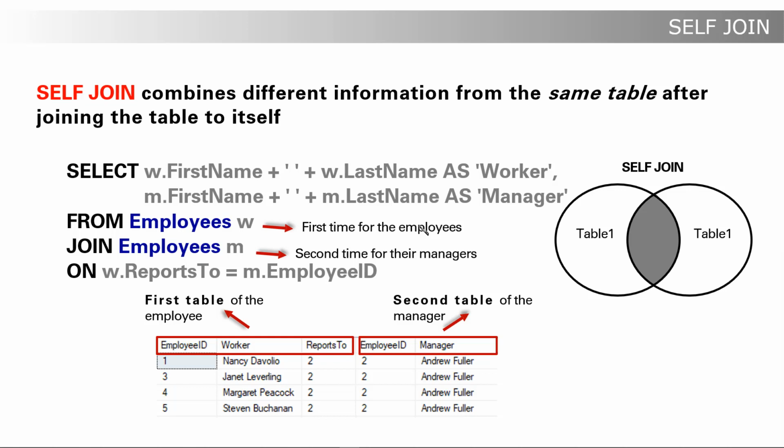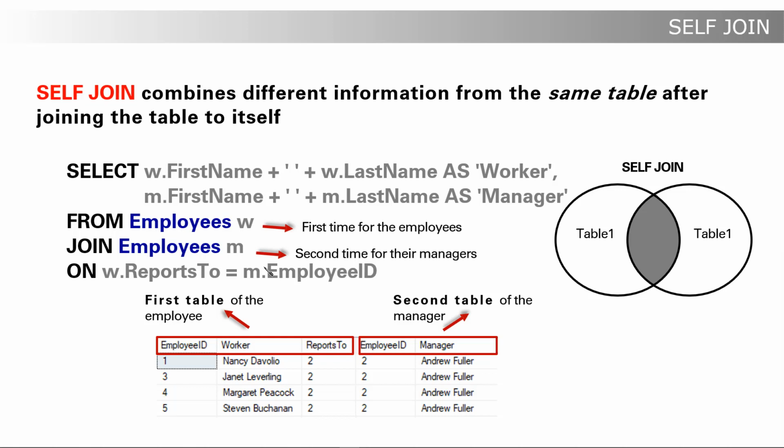The first time we have the employee, and the second time their managers. And we want to connect this table within itself by different columns of the tables.